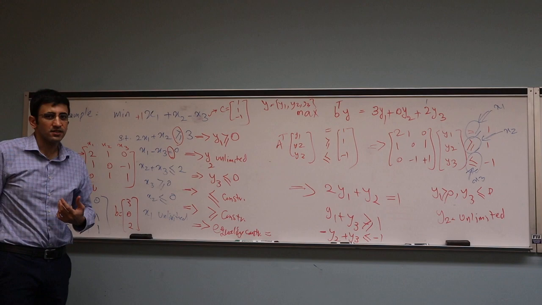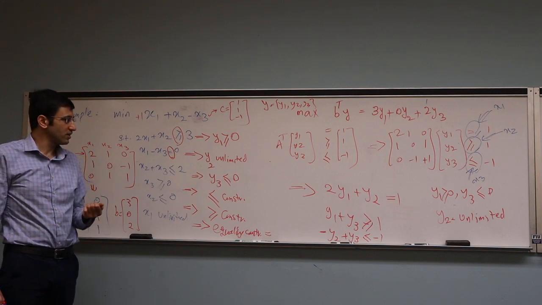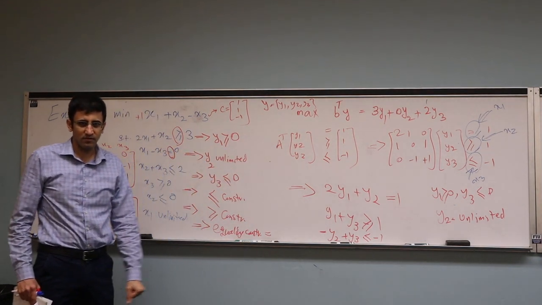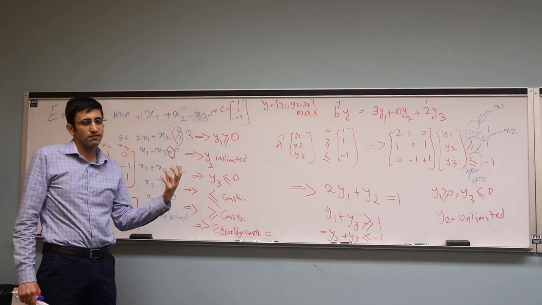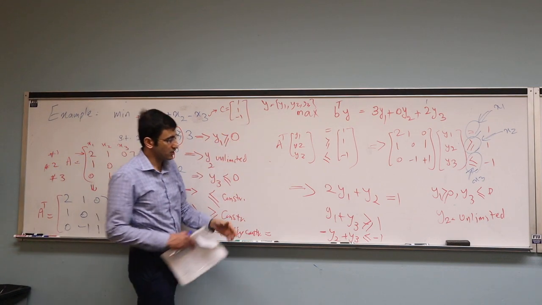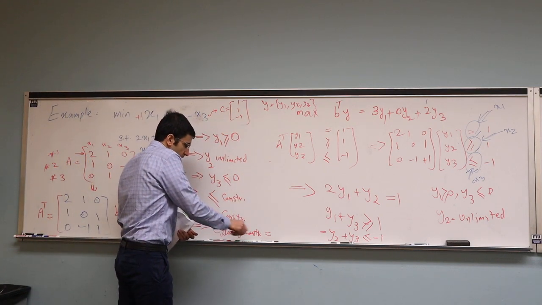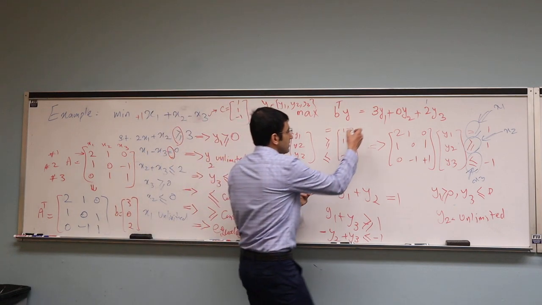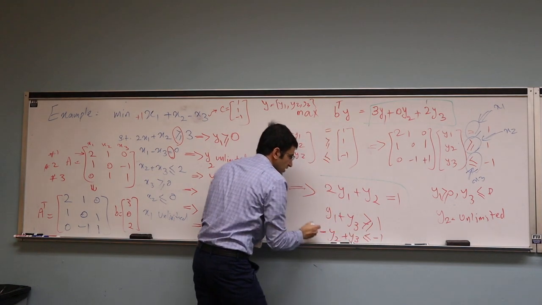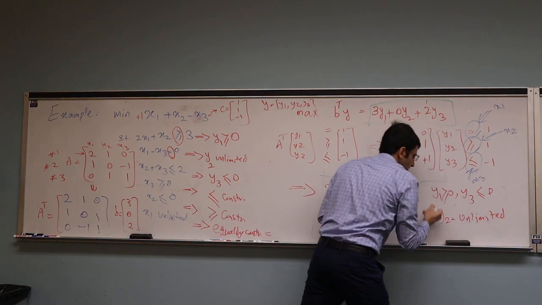Just as a hands-on example, what I suggest you do at home is to find the dual problem of this dual problem and try to see if dual of dual problem, so forget about this part, only look at the constraints that you have and the objectives. So this is your objective, these are your constraints, and these are your variable limits.